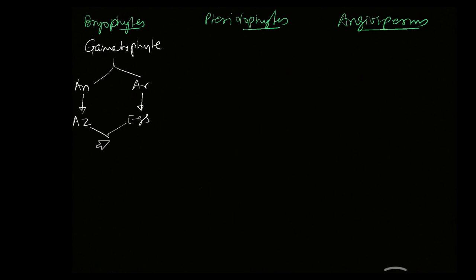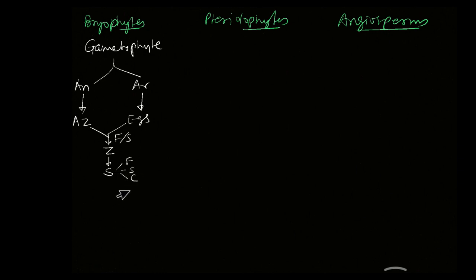After the fertilization, or we can say syngamy, the zygote is formed. This zygote develops into the sporophyte. Sporophyte is made up of the foot, seta, and capsule.